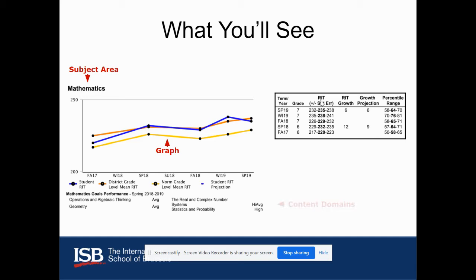On the bottom left, you will see a list of the major domains within the subject area, in this case mathematics. And to the right, you'll see a summary table that includes all the scores for your child's time at ISB. Let's take a look at each of these more closely, one at a time.